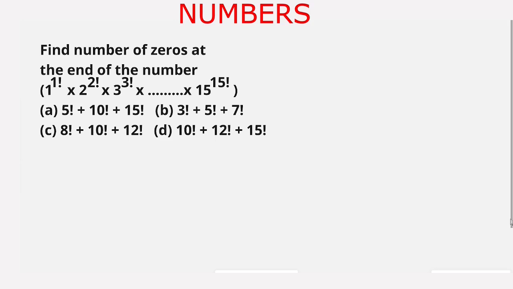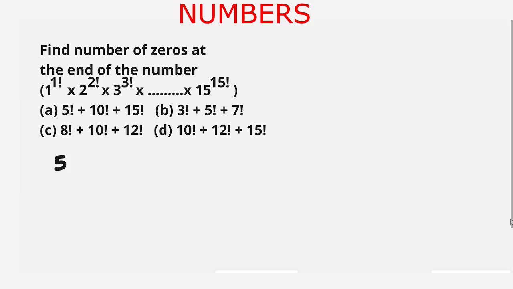So we will find the power of 5 in the given number, as the power of 2 will be more than the power of 5, since the number of even numbers is more in 1 to the power 1 multiplied by 2 to the power 2 up to 15 to the power 15. So there will be more power of 2 than power of 5 in the given number, and we will only find the power of 5.